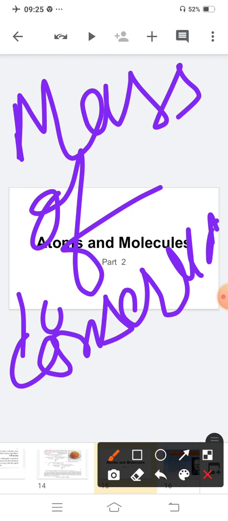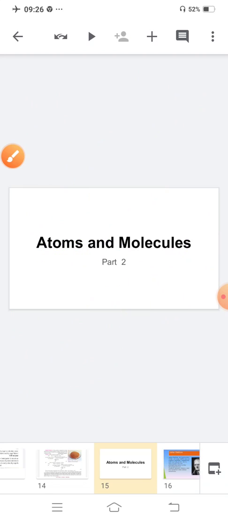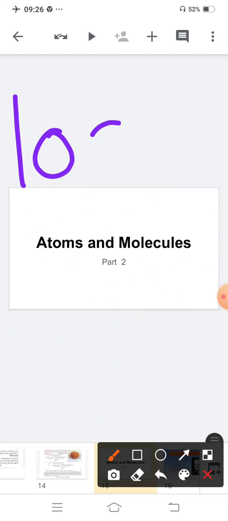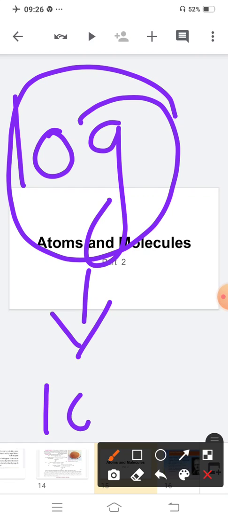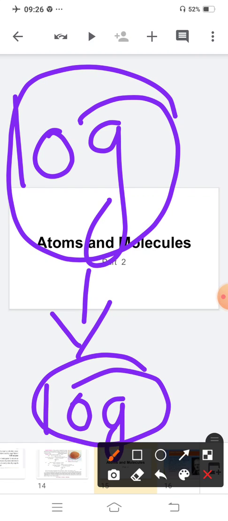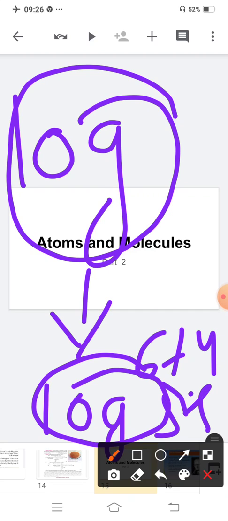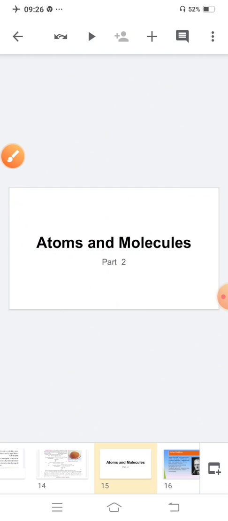If you take 10 gram of reactant, after the reaction the total mass of the product will also be 10 gram. It can be distributed like 6 plus 4 or 5 plus 5, but it can't be more or less. So the law of conservation of mass states that mass can neither be created nor be destroyed.